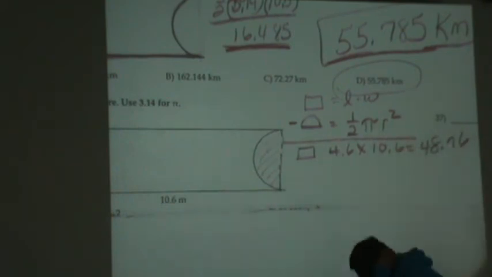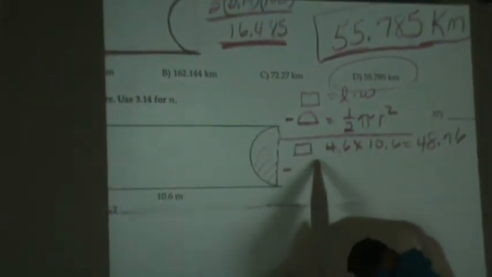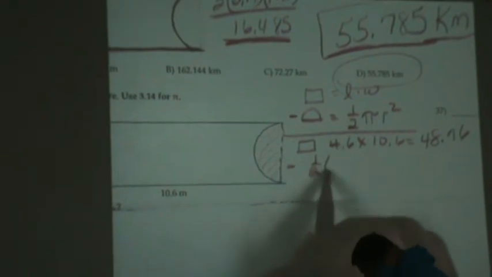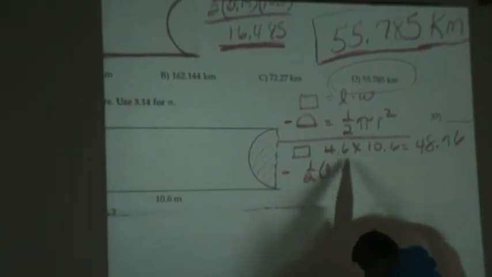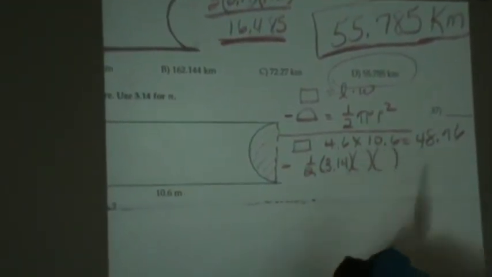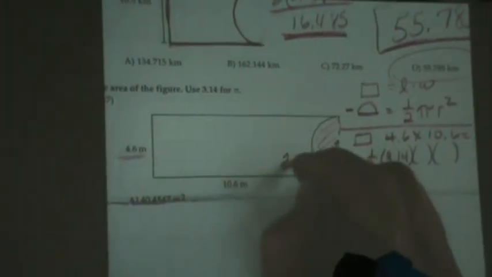48.76. Okay, we're going to subtract 1/2 of 3.14 times the radius times the radius. What's our radius though? Half of that, so the radius is 2.3.